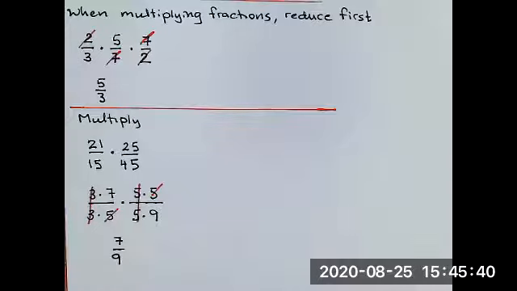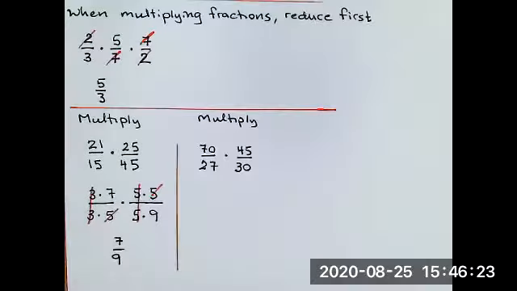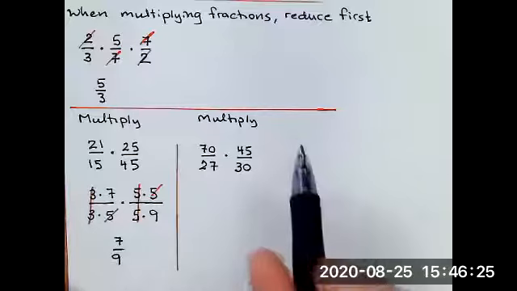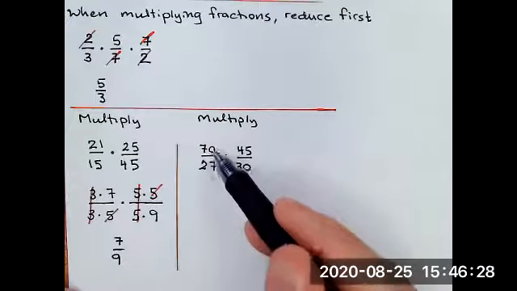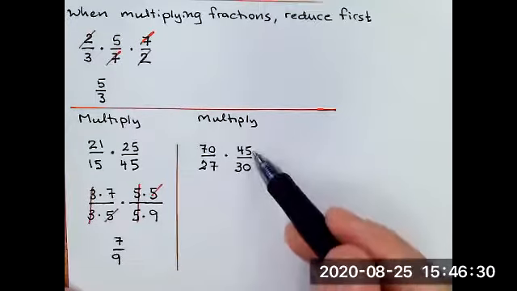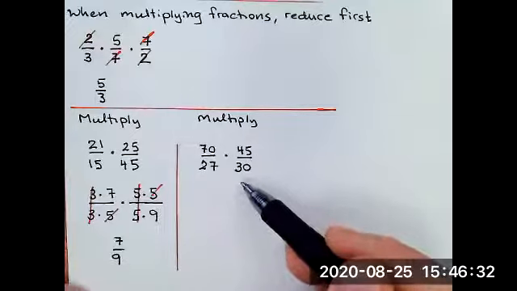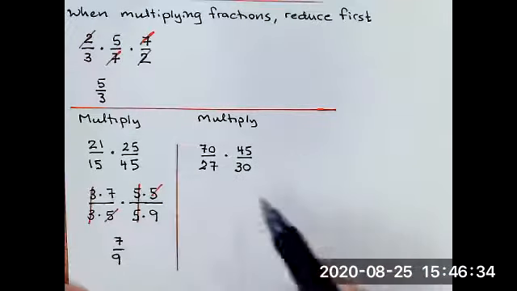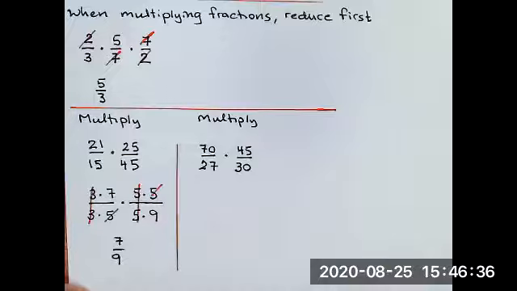Let's do another. Let's multiply 70 over 27 times 45 over 30. And if you want, you can hit pause and work it out and then check the answer.